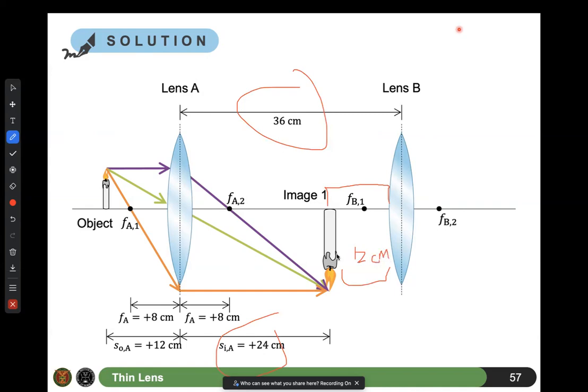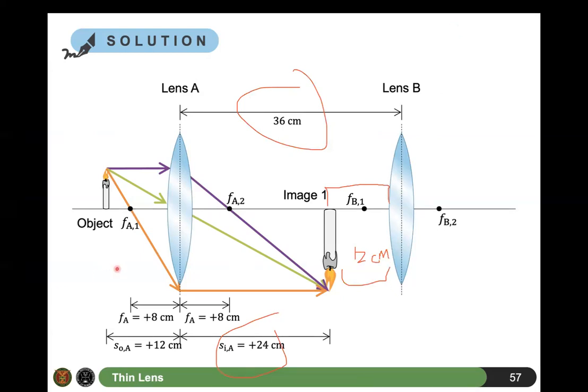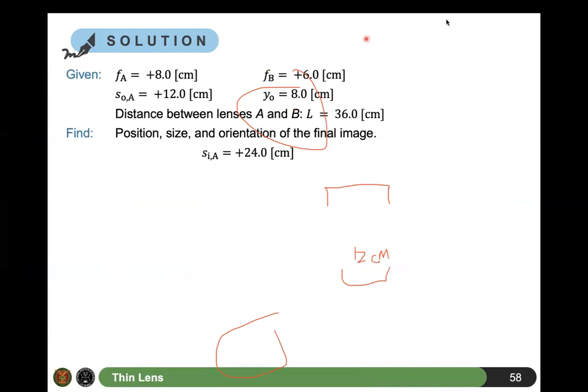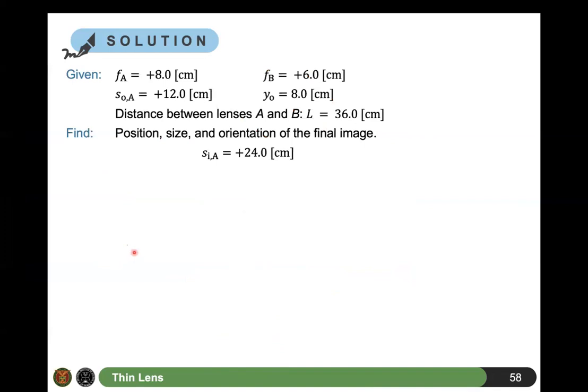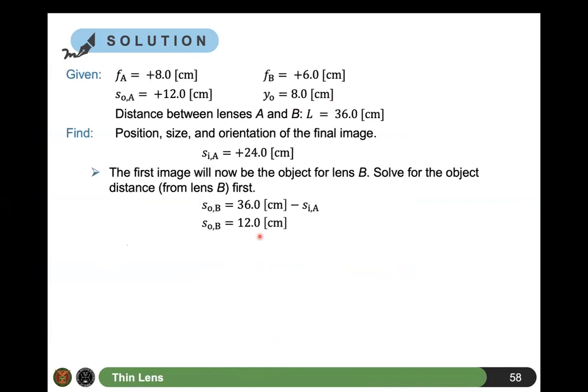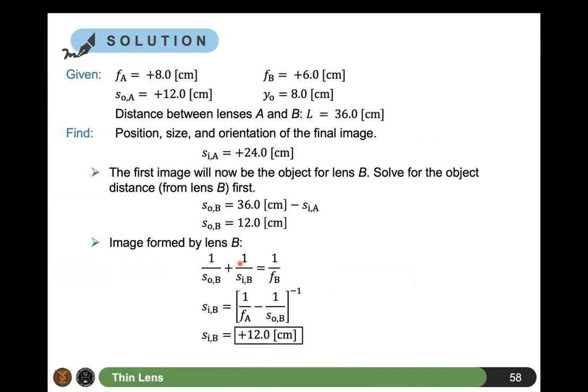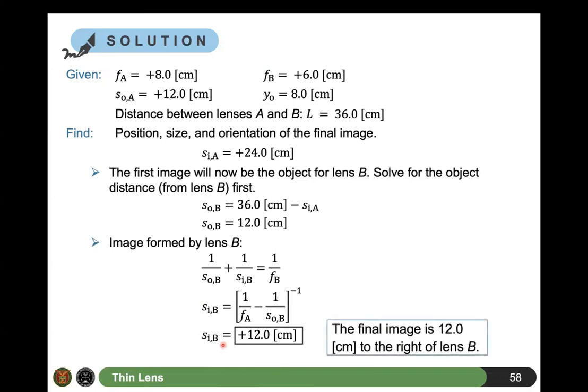So that will now be your object for the lens B. So for the lens B, ito na siya. So 12 centimeters na yung SO, we apply the thin lens equation, and we get this image distance with respect to B. So kung positive yan, yung image distance natin, nasa outgoing side siya ng lens B, that means to the right of lens B. So how do we draw it?